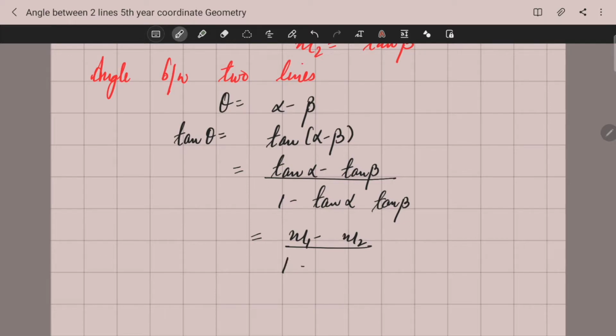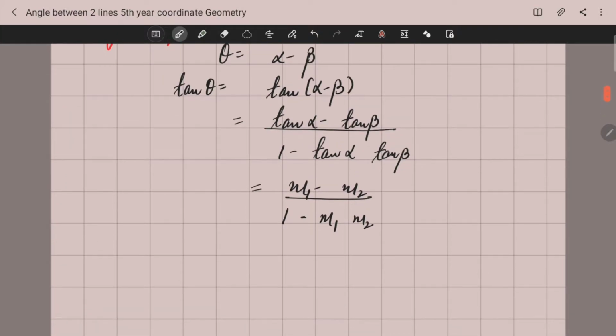So this is 1 plus m1 into m2. So our formula is tan theta is equal to m1 minus m2 over 1 plus m1 m2.